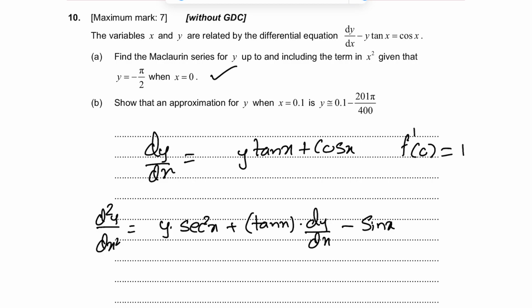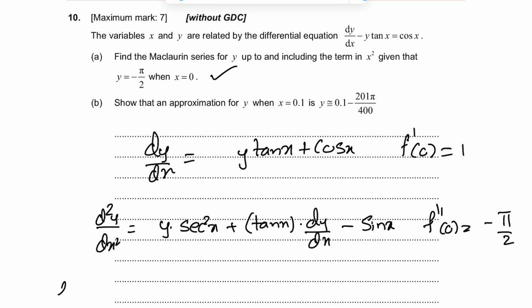Now we know the y value and x value, plug in that one. So when I plug in the values of y and x and the first derivative value, I get the second derivative as minus pi by 2.